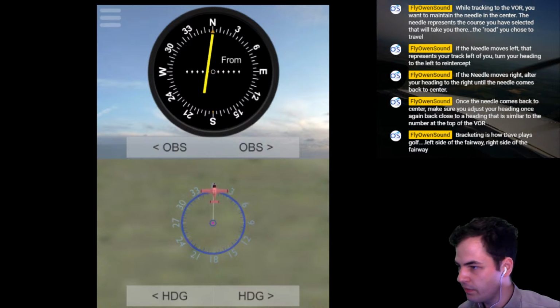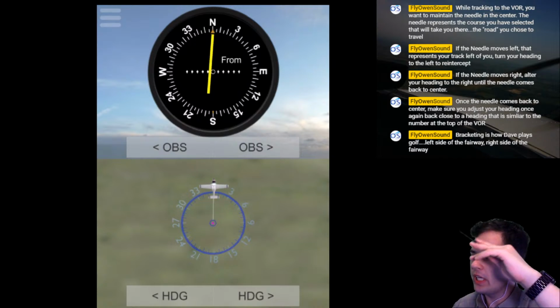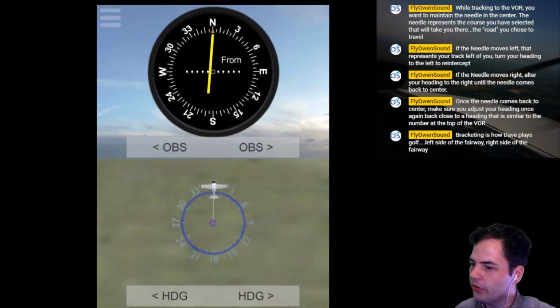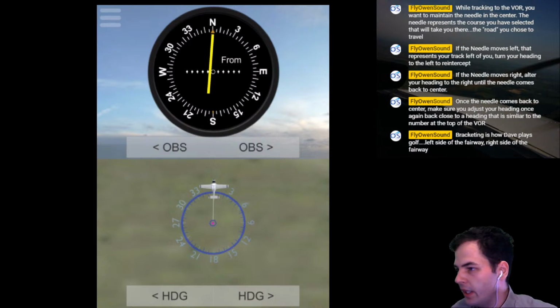The CDI needle I'm referring to hasn't changed. But it doesn't say TO indication anymore. It's saying FROM. So now we're going from the VOR. That makes a lot of sense in this scenario. We're going from the VOR because a northerly heading would keep us getting further away, right?